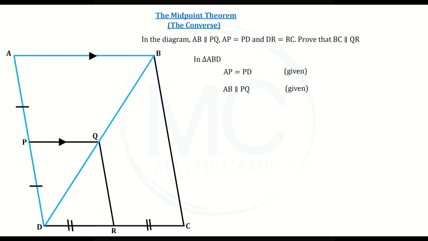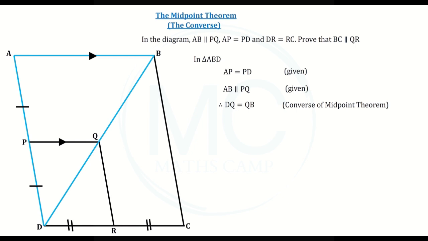Here, P is the midpoint of side AD and PQ runs parallel to AB, which means that Q must be the midpoint of side DB, which means that DQ must be the same length as QB. And as our reason, we say converse midpoint theorem.